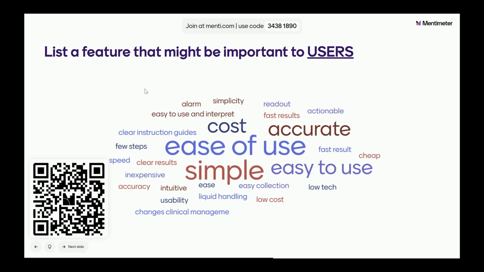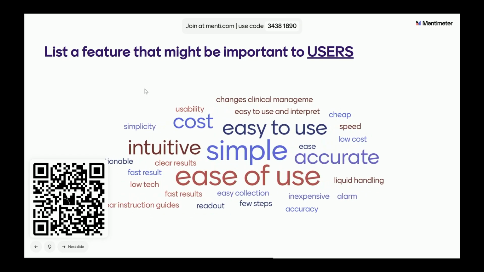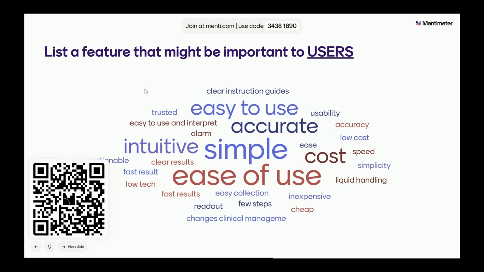Good. All right, so ease of use. Seeing a lot of easy to use, simple, ease of use, cost, accuracy was on there. Intuitive, cheap. A lot of these things are the same, they're synonyms for each other. But what I hear is the ability to use. And that squares with the rapids that you guys chose.